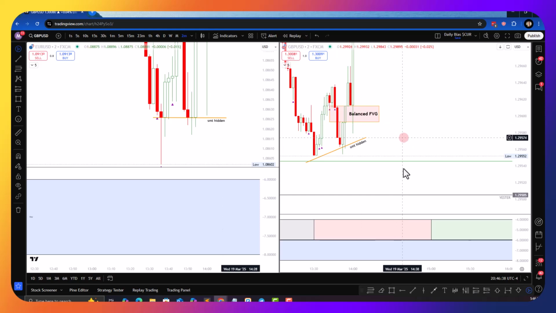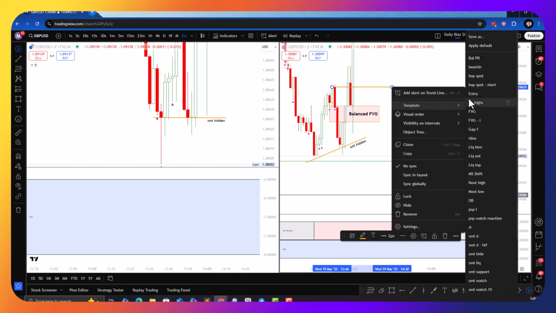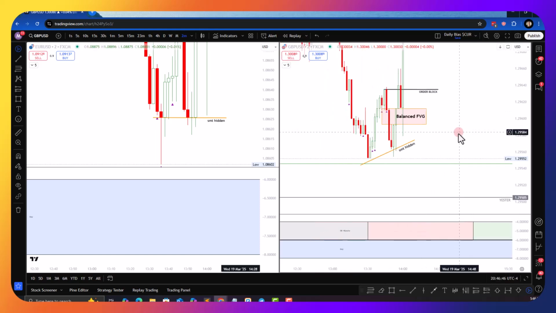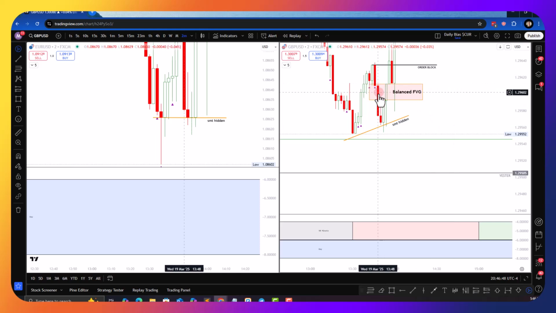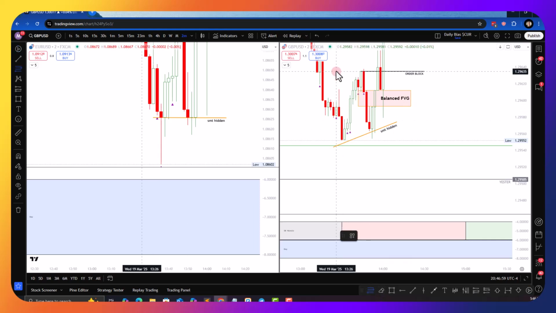Look for entries into maybe the order block. This could be a confirmed order block. Okay. You could enter at the 50% range of this balanced FVG. Okay. And then what's your stop? Potentially you could put a Fibonacci on this order block.